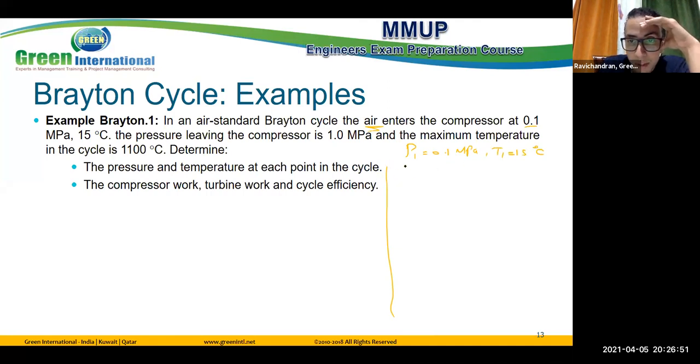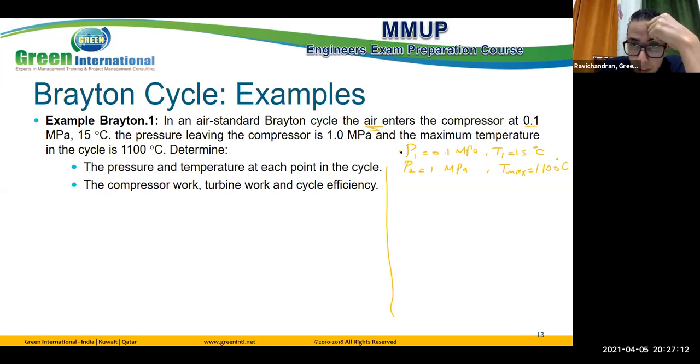Pressure leaving is 1 megapascal, so P2 is 1 megapascal. Maximum temperature Tmax is 1100 Celsius. We need some other information for the pressures and temperatures, compressor work, turbine work, and cycle efficiency. Everything is clear, no problem.